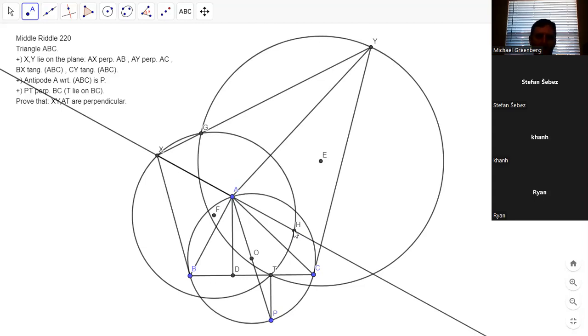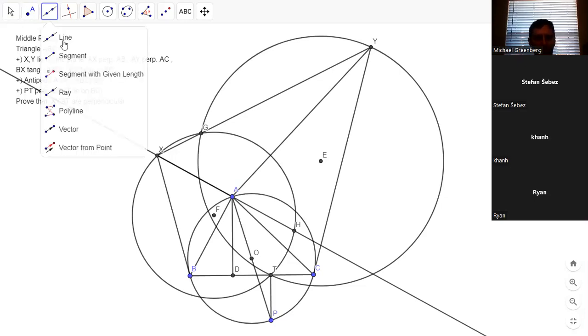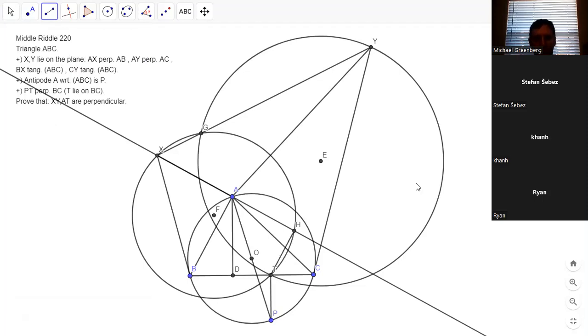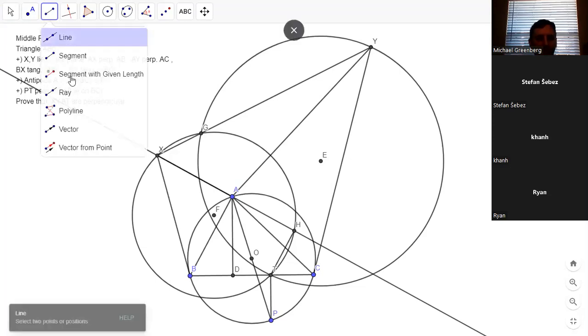I don't know if that's the best way to go. So TXH is 90. So yeah, TH is parallel to AB. So maybe this will work because basically we have a rectangle then. So let's try that.